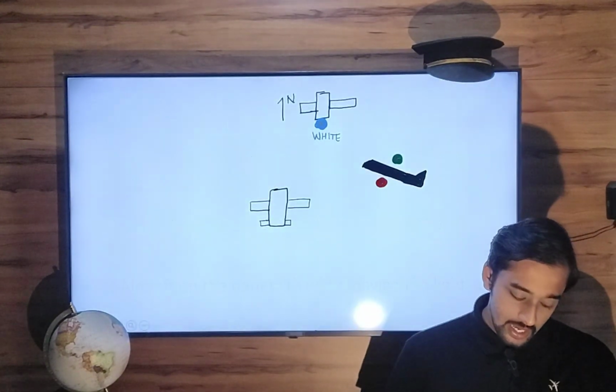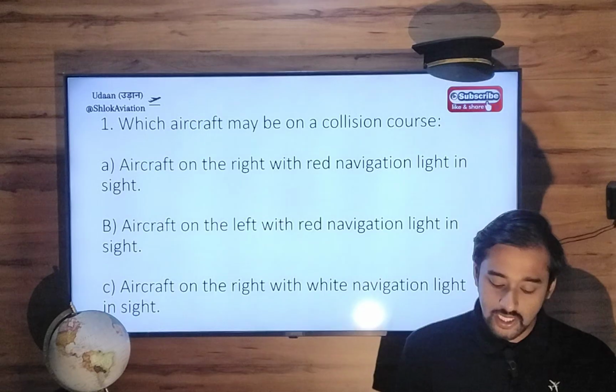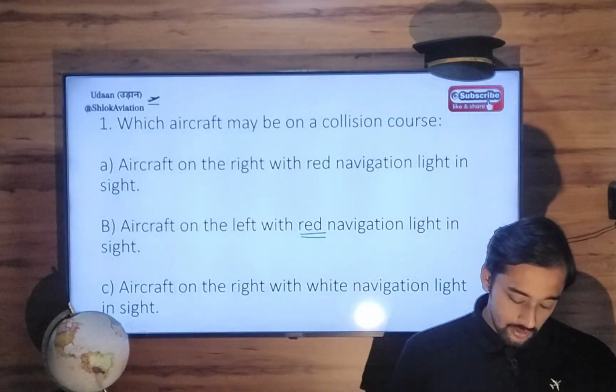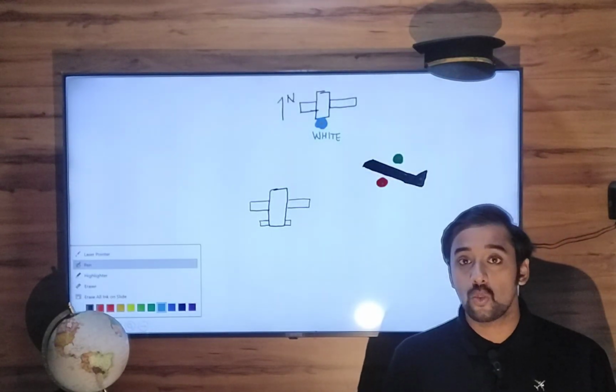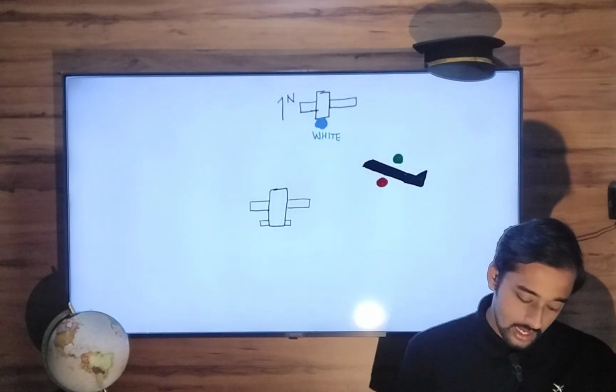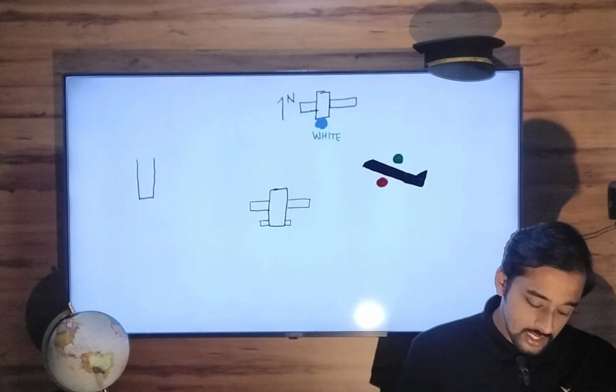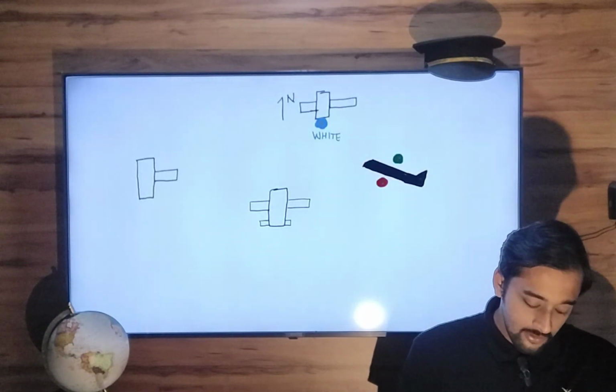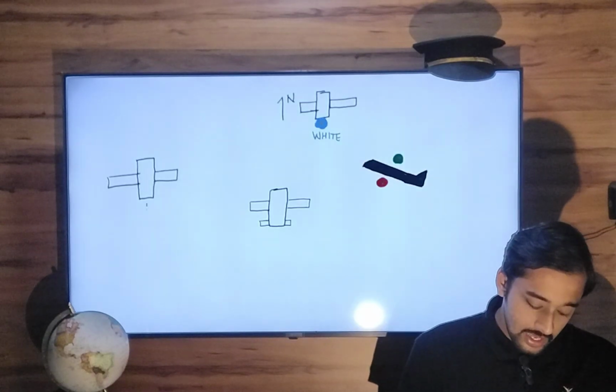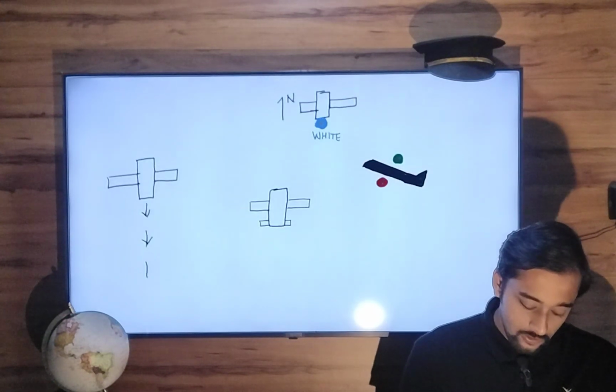And then there is another aircraft which is on the left, and you are able to see the red navigation light. Now, the red navigation light is on the left wing. So that means the aircraft on your left is flying in the direction of south.